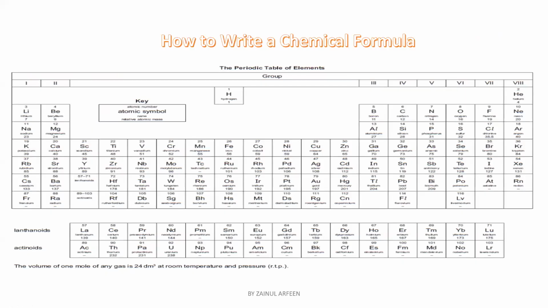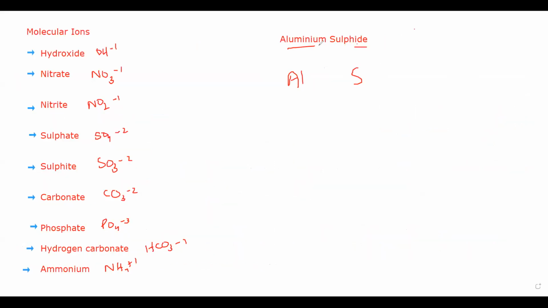Aluminium is group 3, so it will be plus 3, and sulfur is group 6, so it will be minus 2. So when we write the formula for aluminium sulfide, aluminium is plus 3 and sulfur is minus 2. It is already simplified.